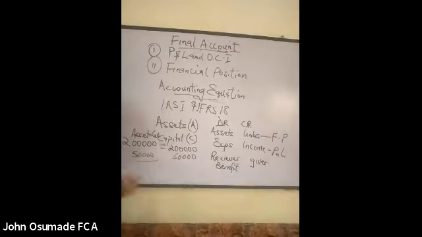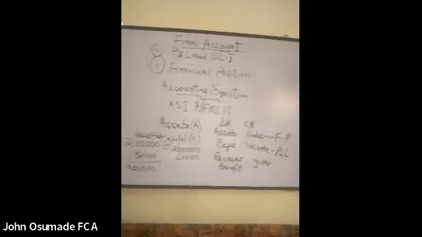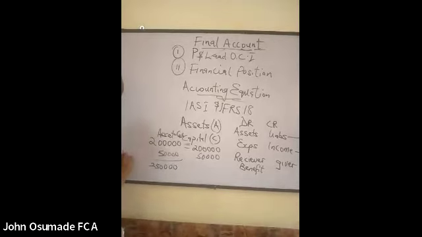You will notice that you will now have assets of 250,000. But this asset will be classified as inventory, then cash.